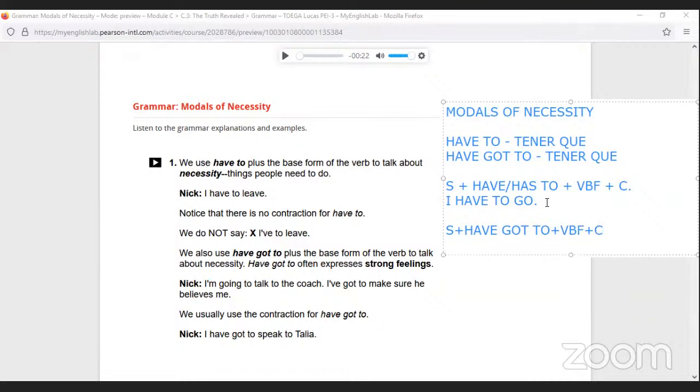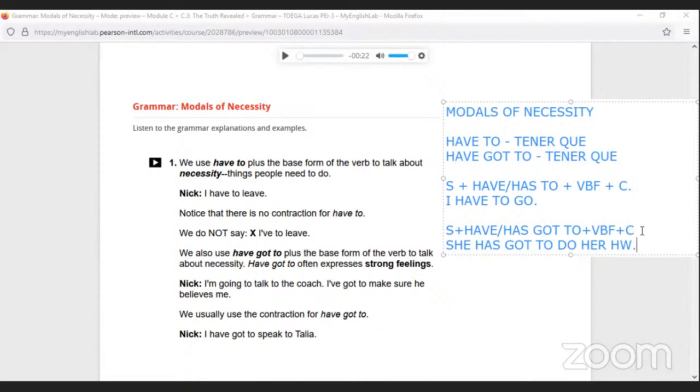So in this case it's the same. If I have third person, I will use has. For example, she has to do, she has got to do her homework. So this is a necessity that we have to do.